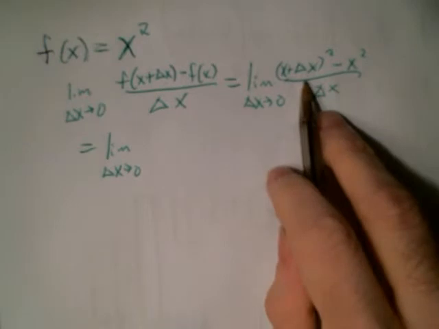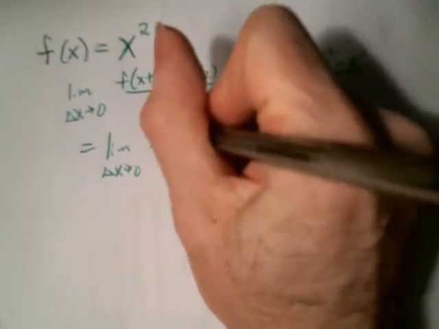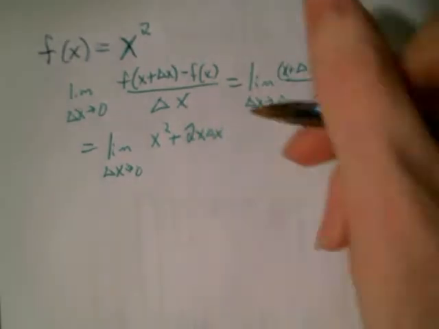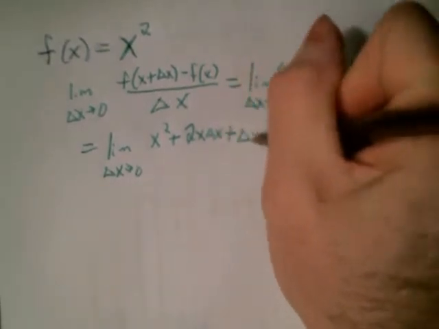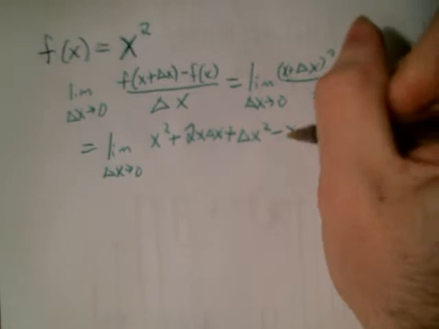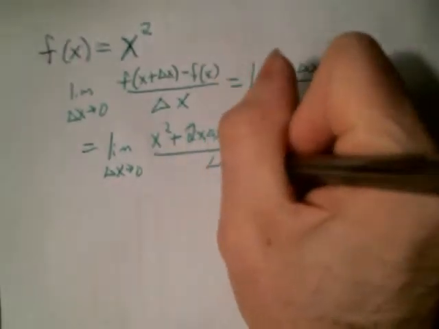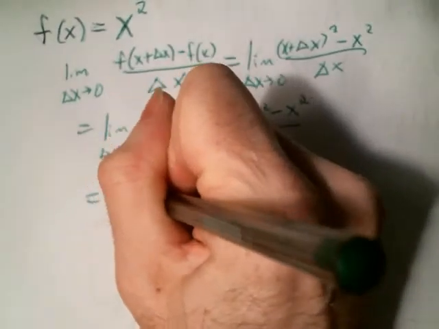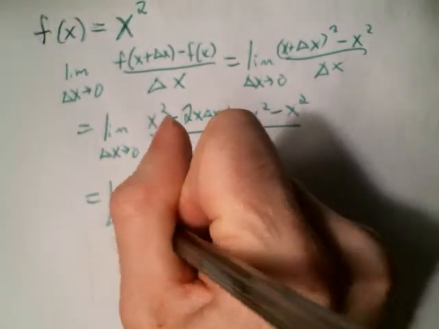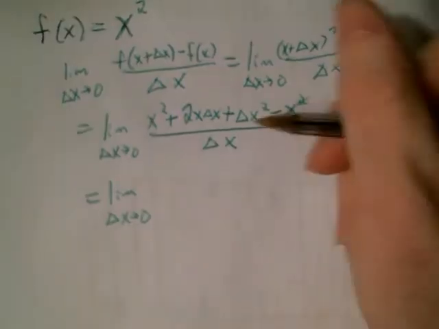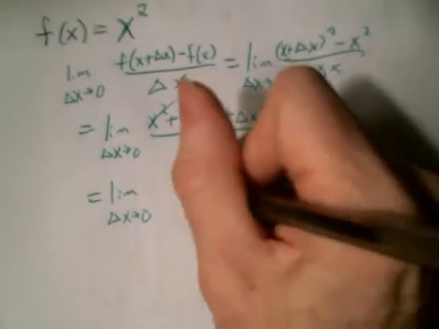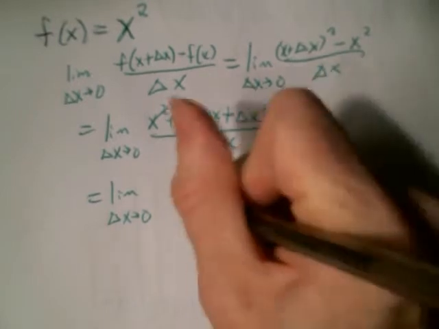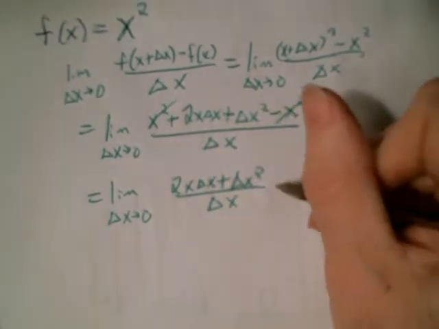We got to FOIL this out, so we get x squared plus 2x change in x plus change in x squared, minus x squared, all over change in x, equals the limit as change in x goes to 0 of, okay, these x squareds cancel. We got 2x change in x plus change in x squared all over change in x.